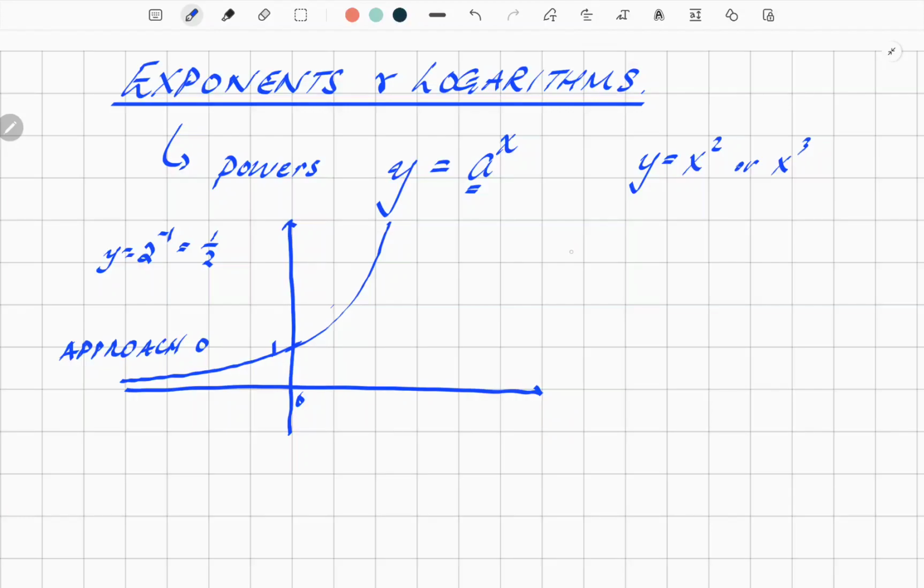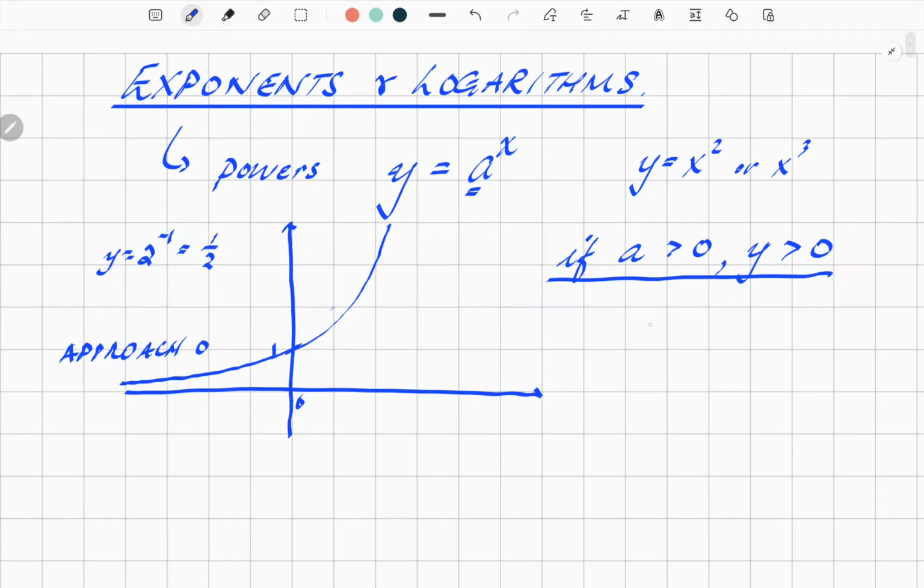So if a is greater than 0, y is always greater than 0. That is a rule. In other words, that graph can never cross the x-axis. Are you with me so far?